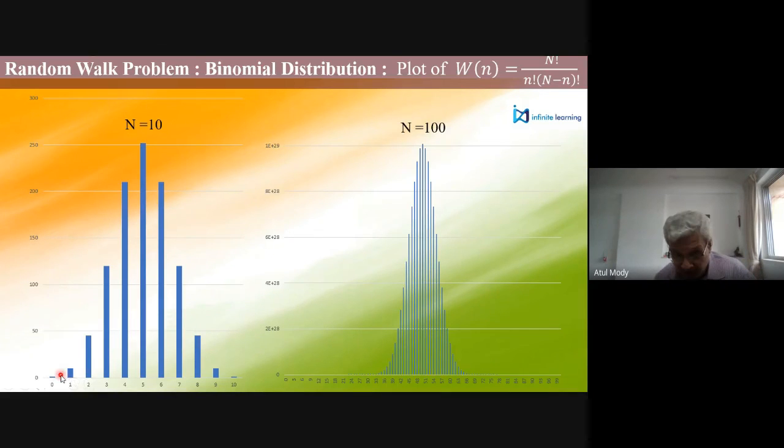But if you look at N equal to 100, those lines are visible only up to, if I look at the screen very carefully, my own screen, maybe 24, 23, or on the other side somewhere around 75, 76.